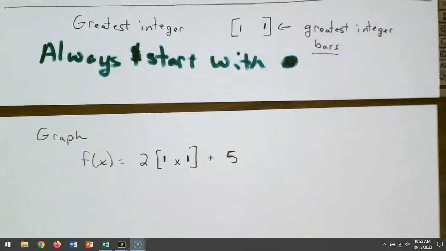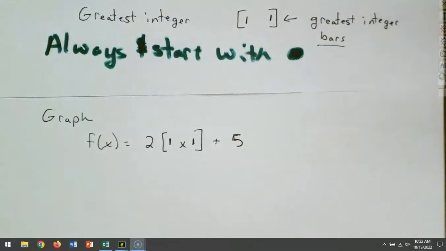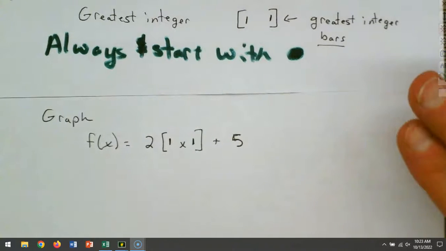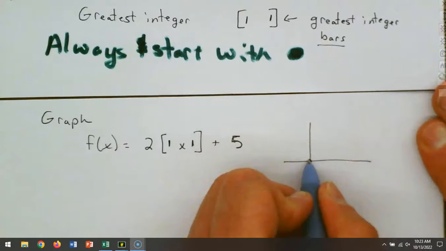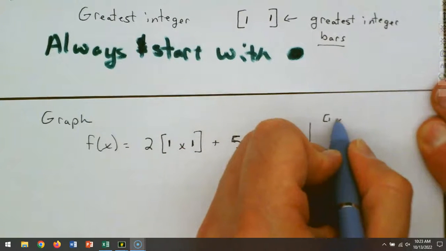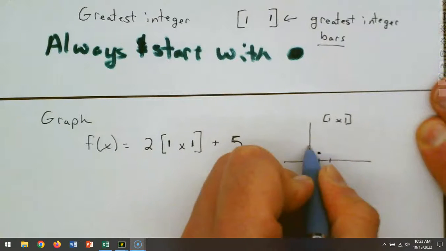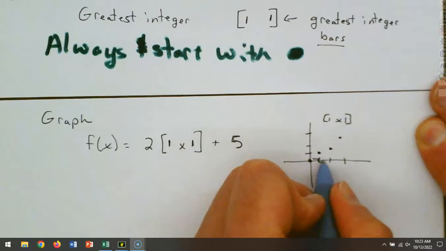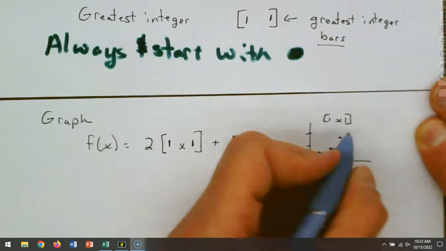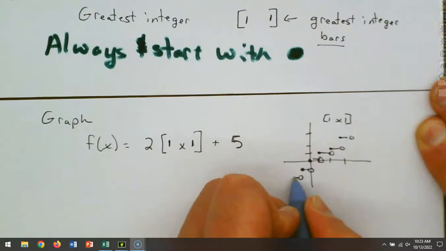So this is a greatest integer graph. So all the translations behave the exact same way as we did before. It is a little bit different. And so the graph of that is a greatest integer function, and it looks like a case of stairs.